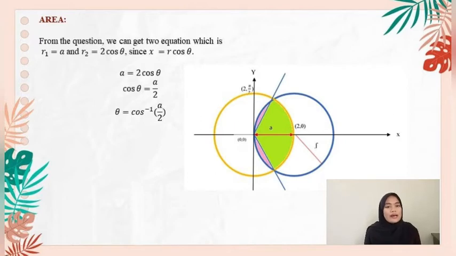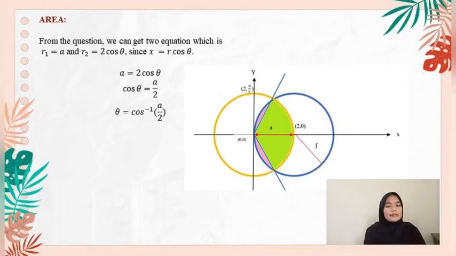Since x equal to r cos theta, we know that the green area is between the limit of 0 to the intersection between the first circle and the second circle. To determine the angle at the intersection, we substitute r1 equal to r2, which is a equal to 2 cos theta. Then we get cos theta equal to a over 2, so the angle is cos inverse a over 2.